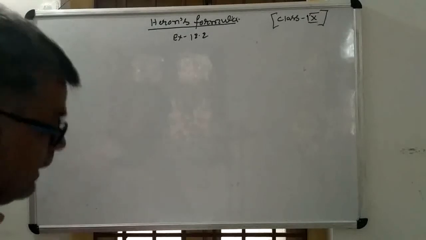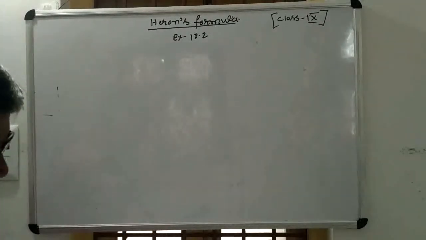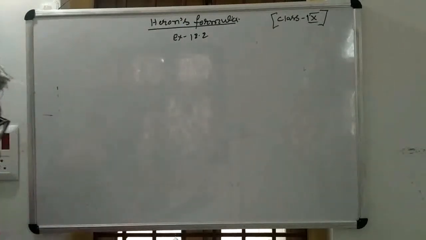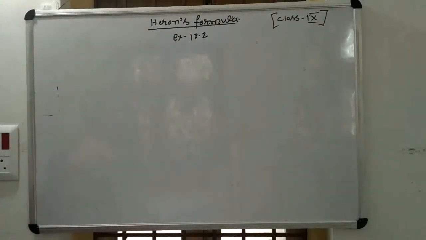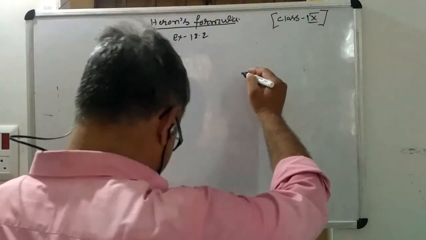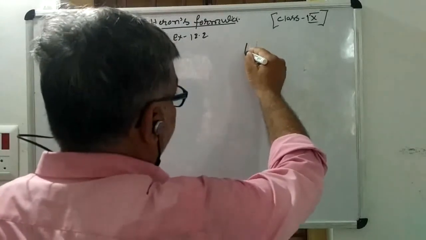Question number 3 says that Radha made a picture of an aeroplane with colored paper as shown in the figure. Find the total area of the paper used. There is an aeroplane made by paper, so first you draw its figure.